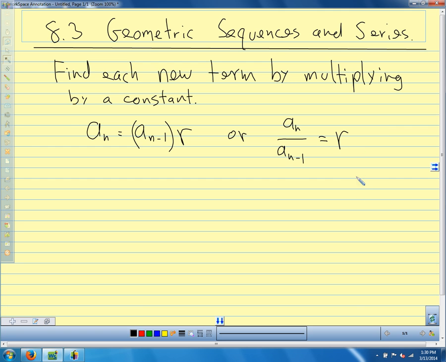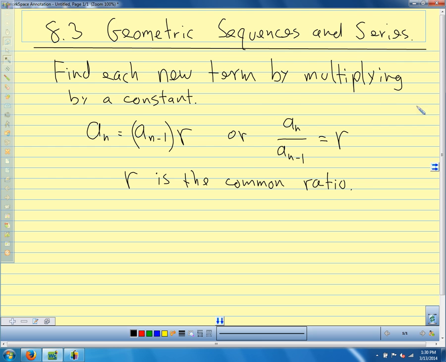And we call r the common ratio. So where with arithmetic series we have a common difference, with geometric series we have a common ratio. Arithmetic series have to do with addition, geometric series have to do with multiplication.